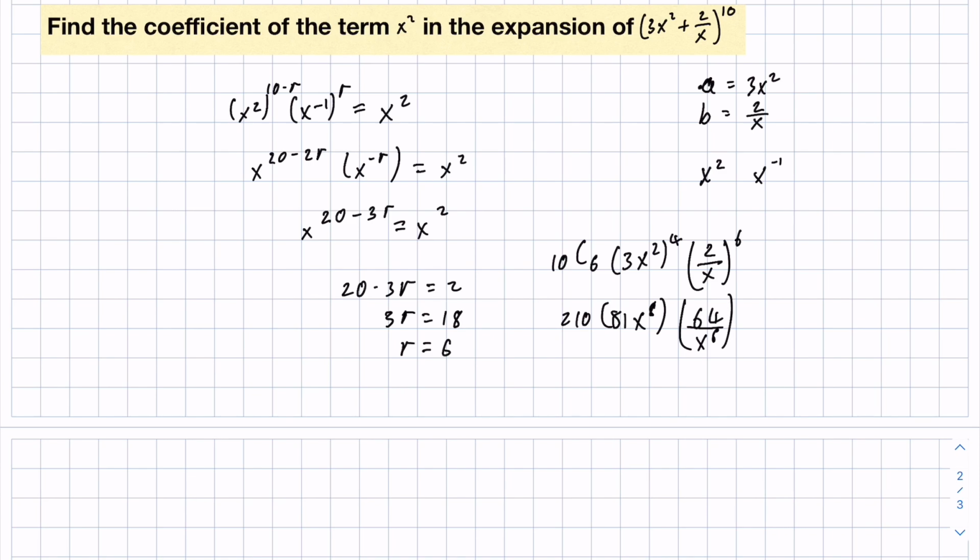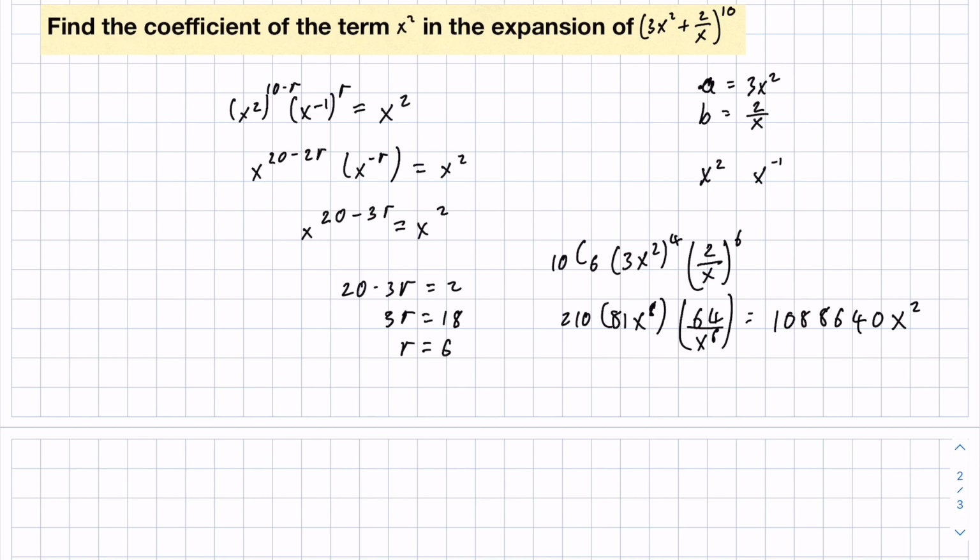If we multiply this out, it'll be 210 times 81 times 64, which is a very large number. And then if you multiply x to the power of 8 times x to the power of negative 6, we should get x to the power of 2.